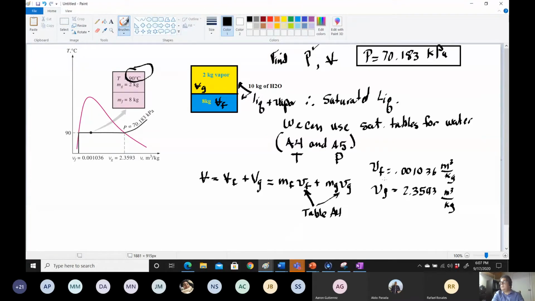All right, so we got the table values there that I just showed you. So now we just calculate our total volume, because mf and mg, those are up here.